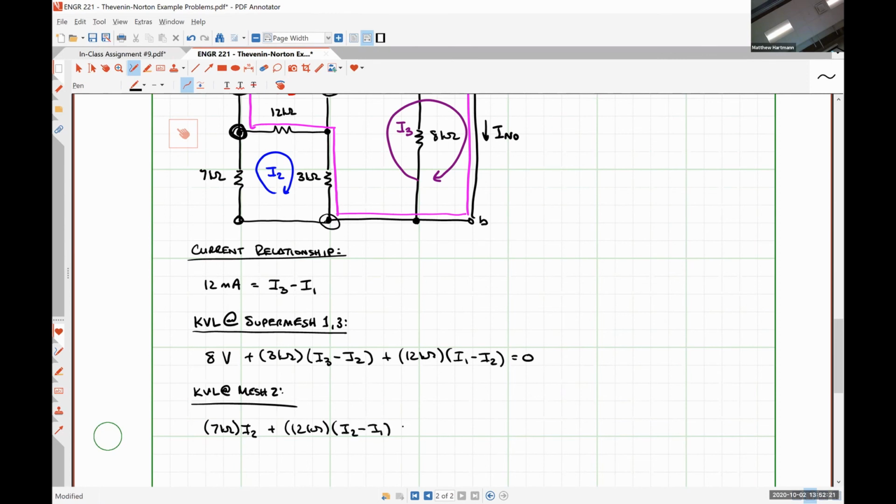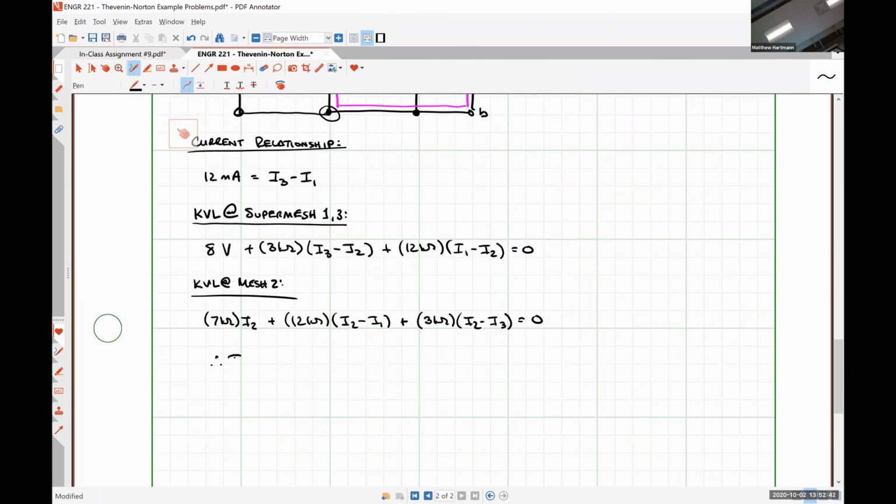And what's next? I2 minus I2, set that equal to 0. Okay, so we have 3 equations, 3 unknowns, so we can solve for I1, I2, and I3. We'll take a moment to do just that.